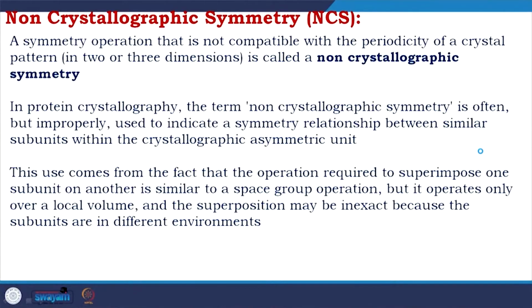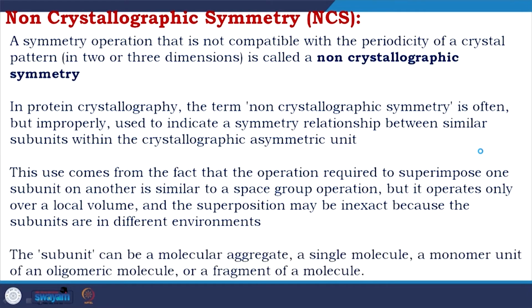This use comes from the fact that the operation required to superimpose one subunit on another is similar to a space group operation, but it operates only over a local volume, and the superposition may be inexact because the subunits are in different environments.